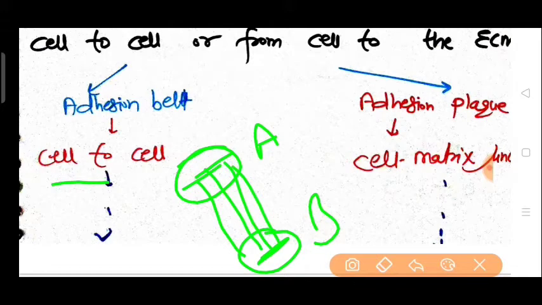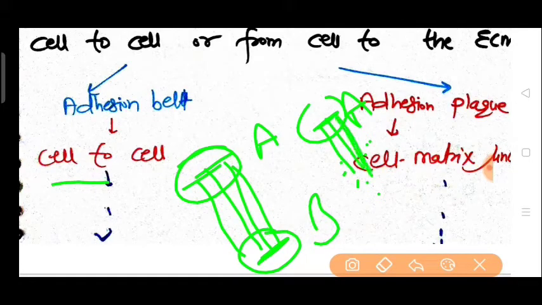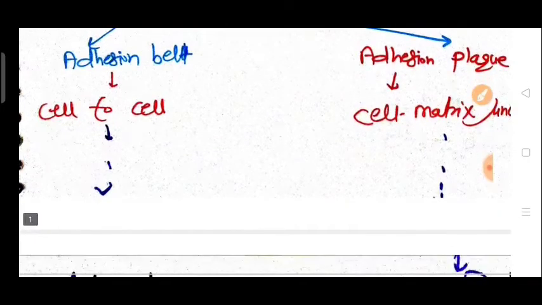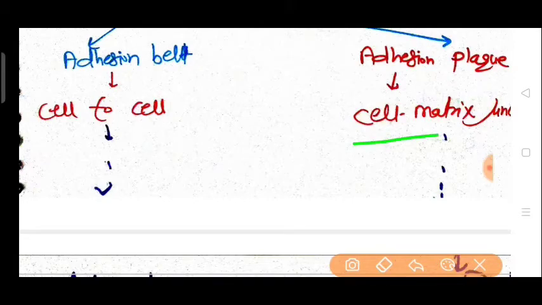And what will the adhesion plaque do? This is cell A and this is the ECM. The adhesion plaque provides connectivity between the actin filament of cell A and the ECM. It's as simple as that. The adhesion belt is a cell-to-cell junction, while the adhesion plaque is a cell-to-matrix junction, which is mediated by transmembrane adhesion proteins of the integrin family. Which family? Integrin family.